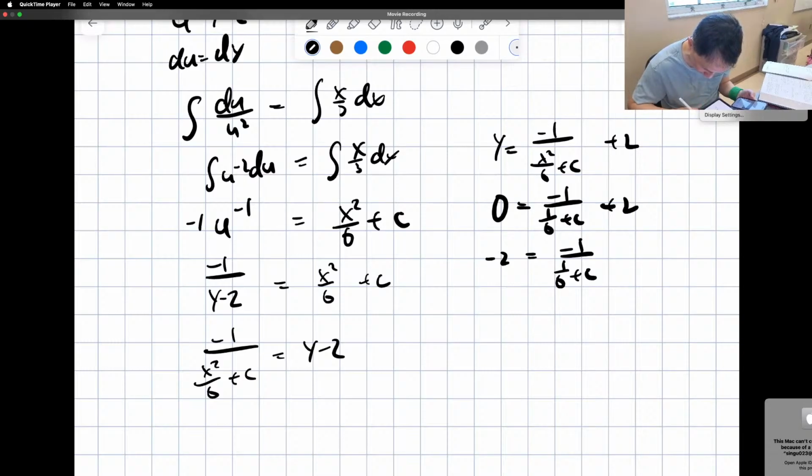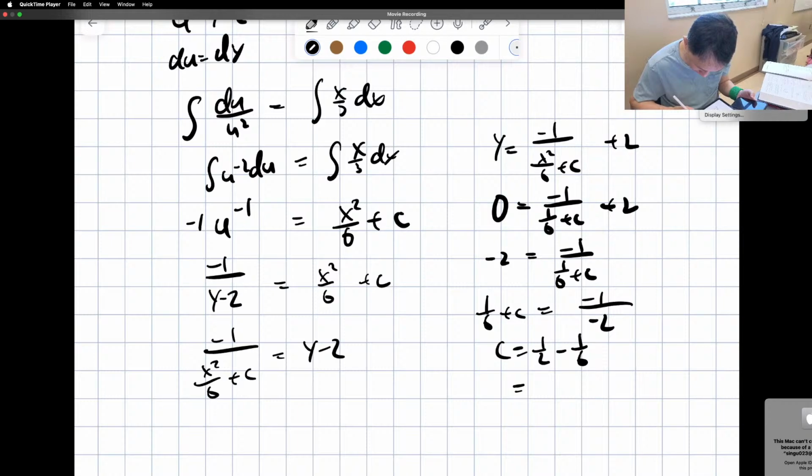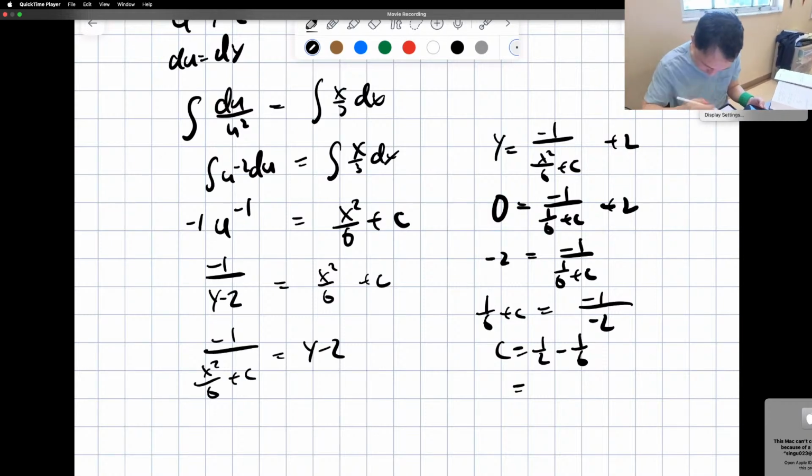Is that okay? I get rid of the negative sign on both sides, so 1/6 plus c is equal to negative 1 over negative 2. So it's 1/2. c is equal to 1/2 minus 1/6. I think that becomes 1/3. Is that right?